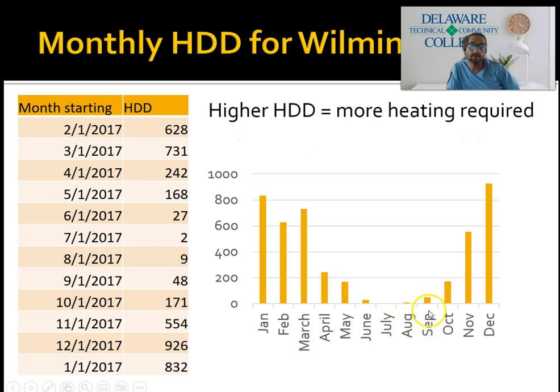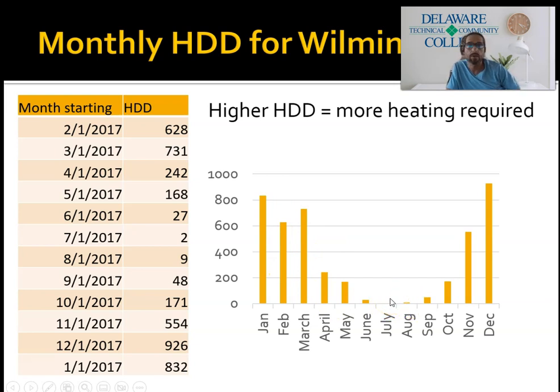And here's a good illustration of that. These are actual data points from Wilmington, Delaware in 2017. This is real temperature data, and it shows you how many HDD there were each month. You can see it was high in January, and it slowly dropped, went back up in March but lower than January, and then it dropped in the summer. Makes sense, right?